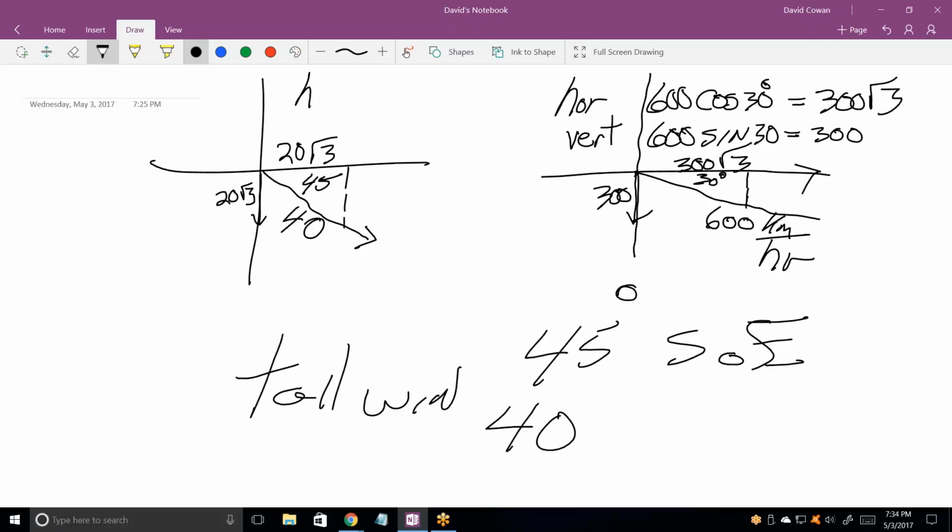In other words, that's the same as if we had two winds. Instead of one wind blowing at 45 degrees south of east, let's say we had a horizontal wind and a vertical wind that were this magnitude. That would be the same exact effect on the plane. How did you get 20 root 3? Yeah, maybe I did it wrong.